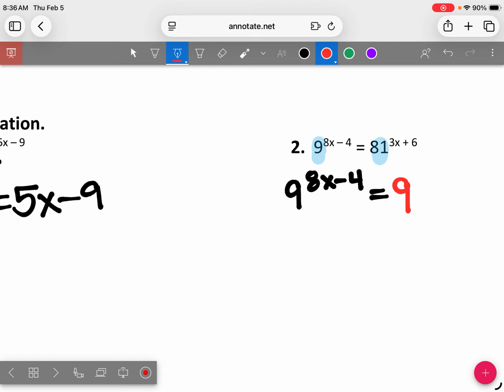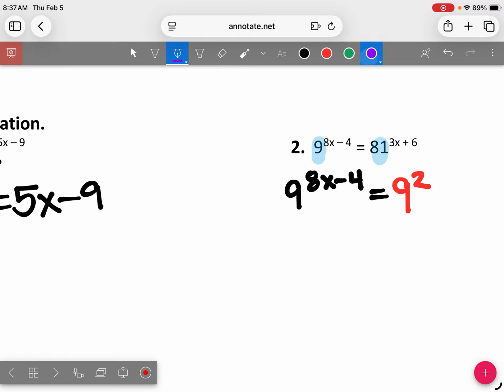Don't say it out loud when you find it. So is it 9 to the first? Is it 9 to the second? Is it 9 to the third? Show me with your fingers when you figure it out. What exponent do I put on a base 9? Did everybody get 2? We got 2. So I'm going to change that 81 to 9 squared.